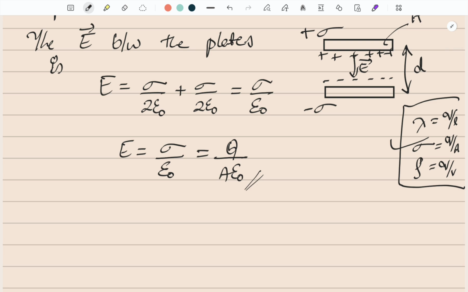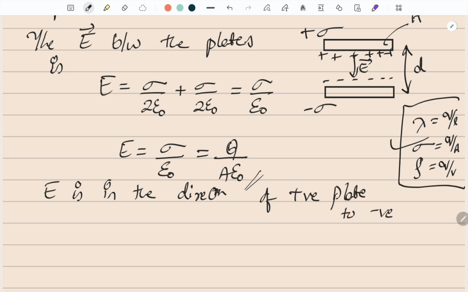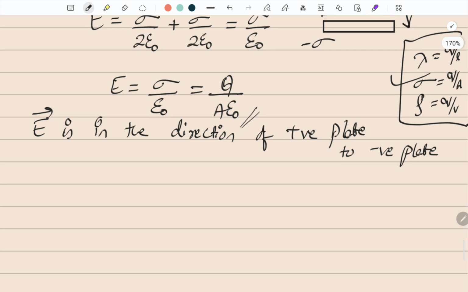Direction is from positive plate to negative plate. So we have also told the direction of electric field.